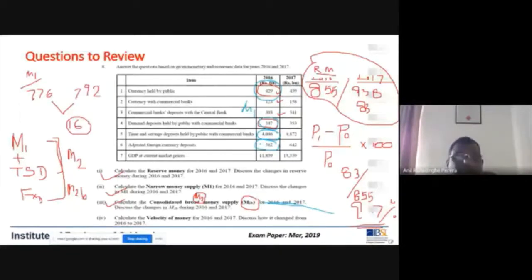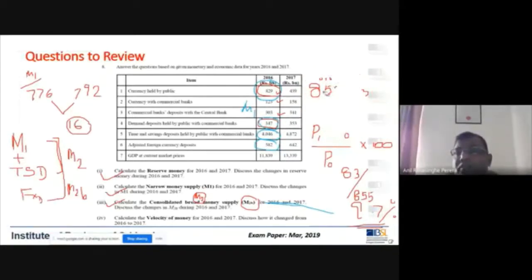Last one, velocity. I think it's very easy and straightforward to calculate velocity. Now, depending on the monetary aggregates you have here, you can define monetary velocity in two ways.